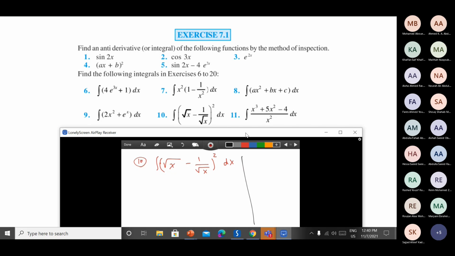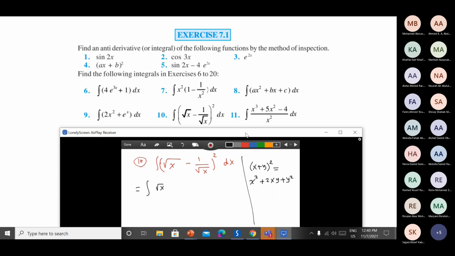I will remind you, if you have x plus y squared, this is called the complete square. How to do this one? The square of the first one plus, because I have plus over here, and if I have minus, it will be minus 2, the first one times the second one, plus the square of the second one. This is a complete square. Let's do this one in this case.